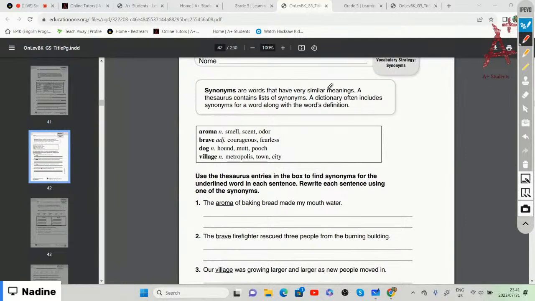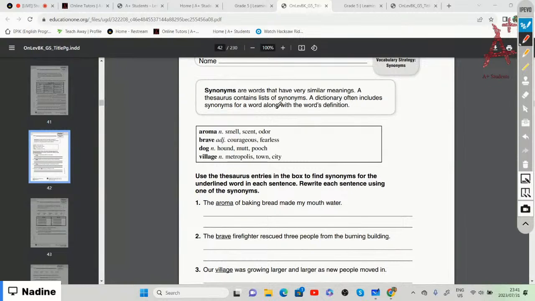So next time when you check the thesaurus and you're hoping to find another word similar in meaning, you can just scroll through the thesaurus. They'll give you that one specific word and many different other words that are similar in meaning. And we say that a dictionary often includes synonyms for words along with definitions.